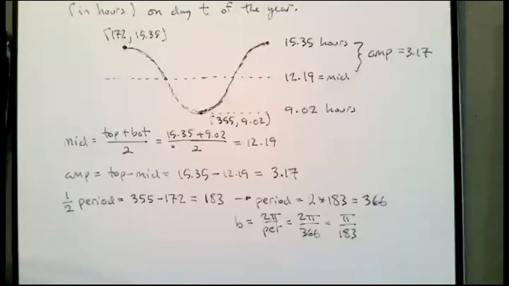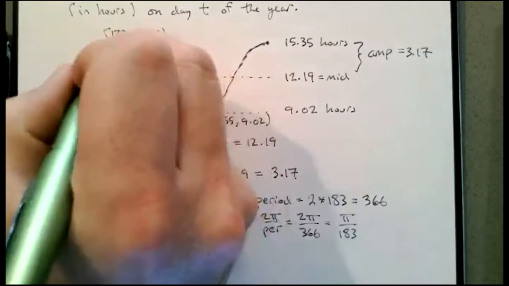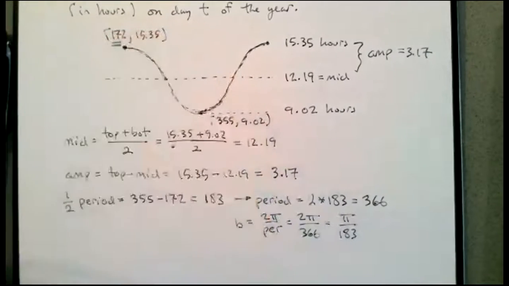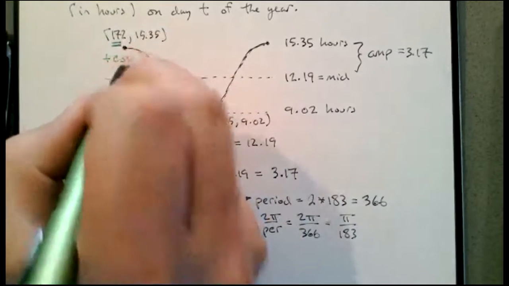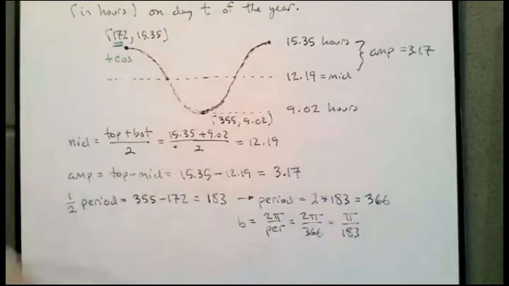Now we just got to pick a starting place to get our horizontal shift and the trig function that we're going to use. So let's take 172 as our horizontal shift, and we'll write the function in terms of positive cosine.